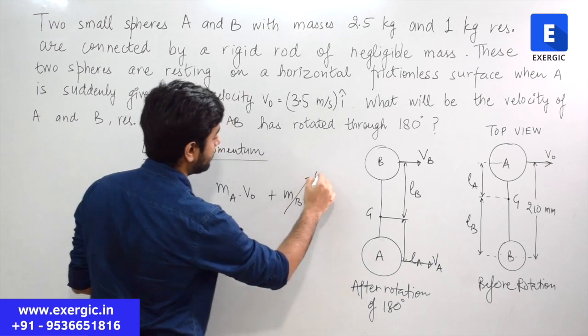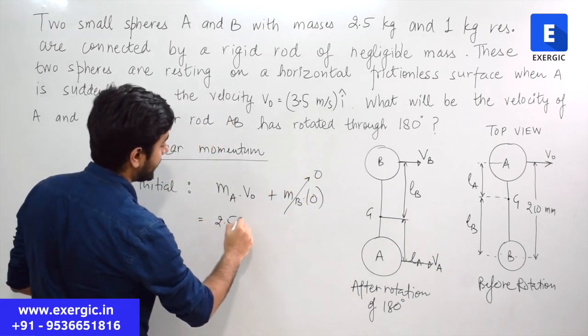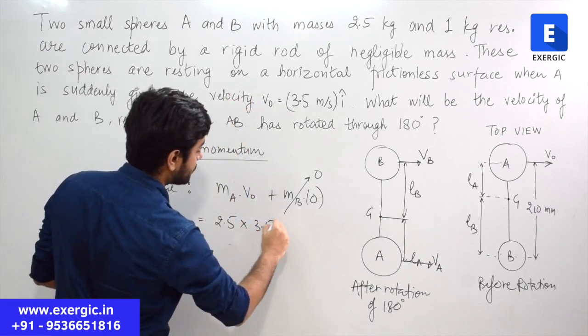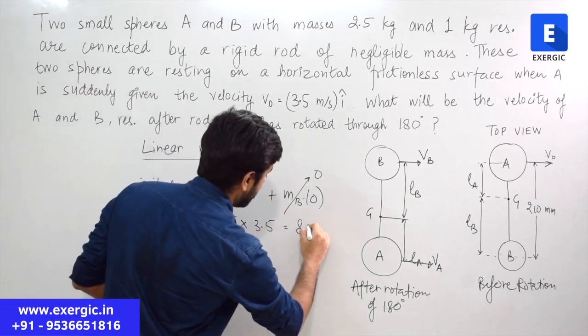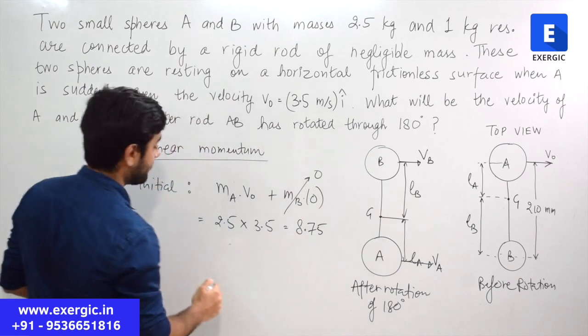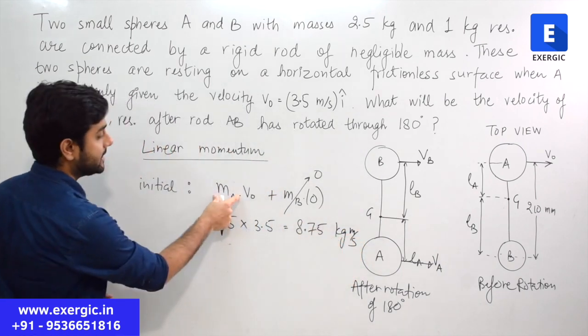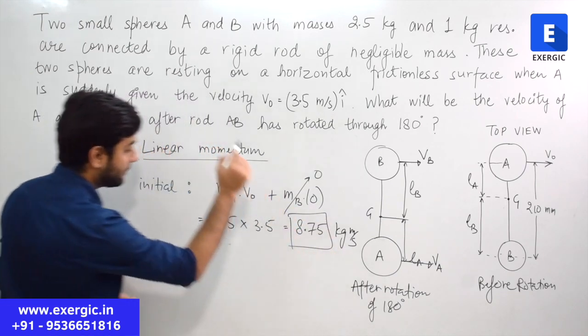So this term will become 0. So this is the initial momentum. Mass of A is 2.5. Velocity is given in that direction as 3.5. So it will come out to be 8.75 kg meter per second. Right? This is the initial momentum.